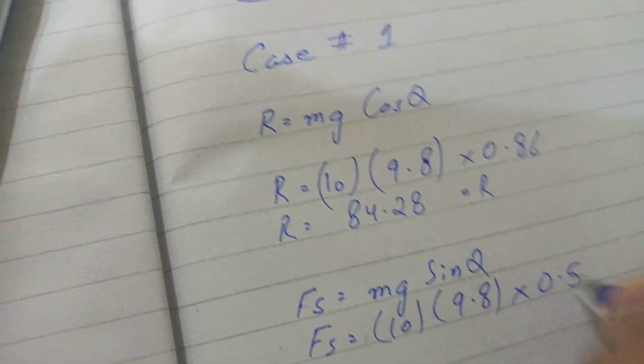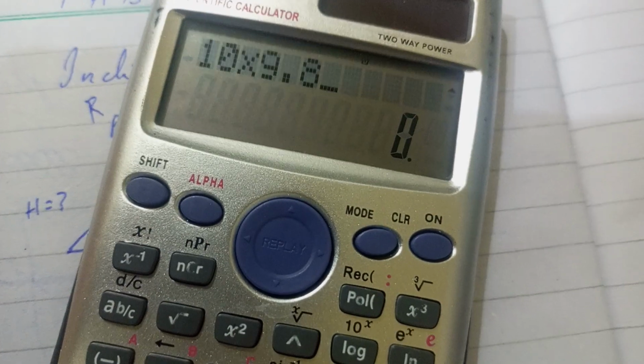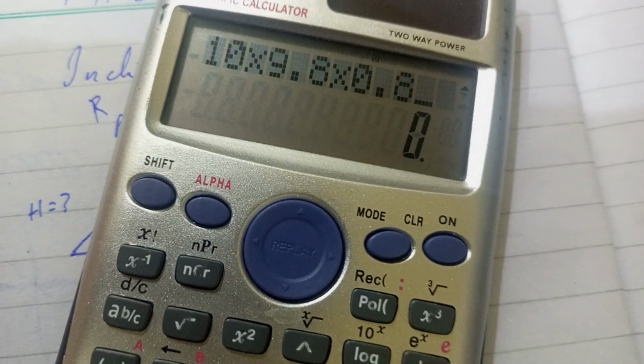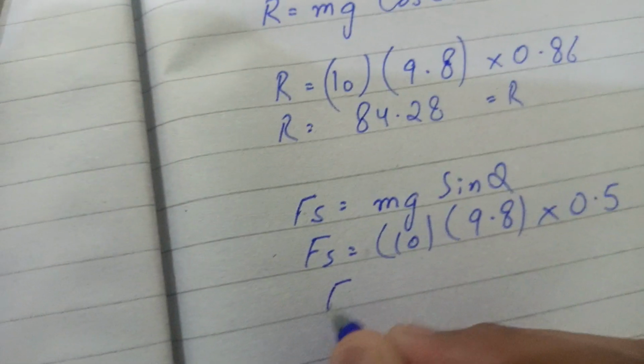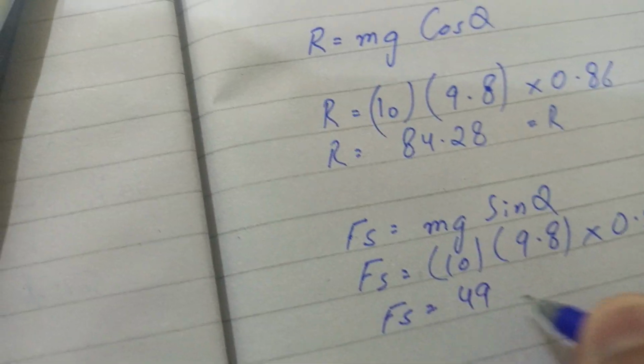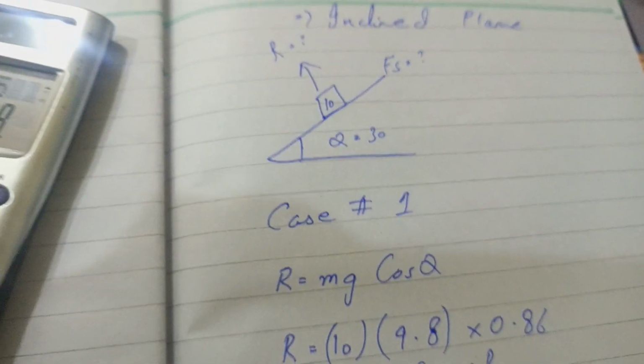Now we'll multiply the values: 10 multiplied by 9.8 multiplied by 0.5, so we'll get 49. This is how we have found the friction and the normal reaction as well.